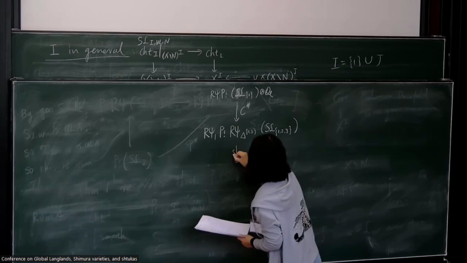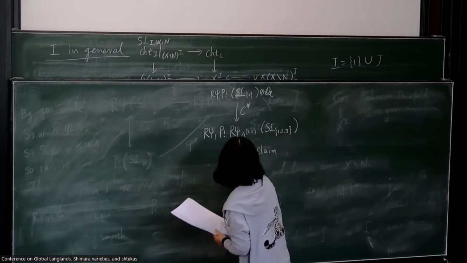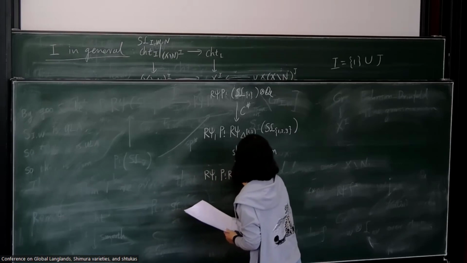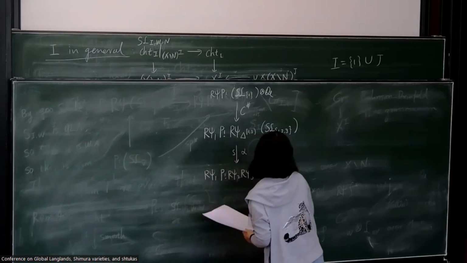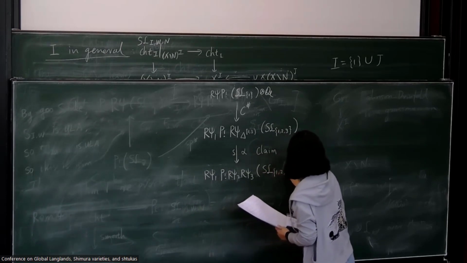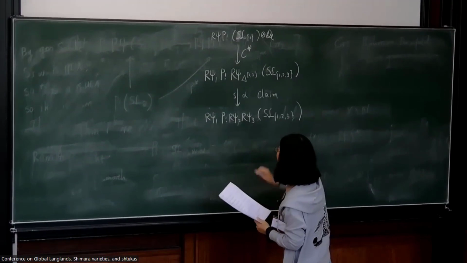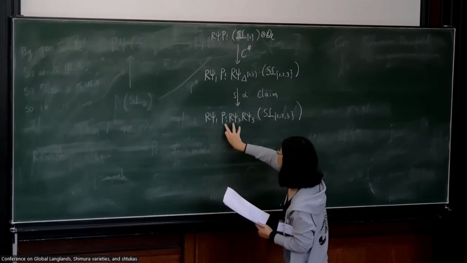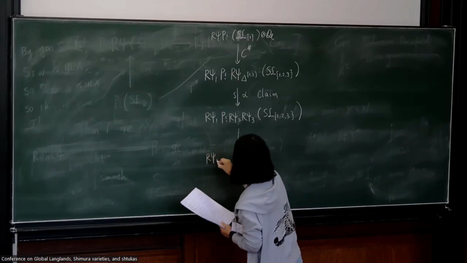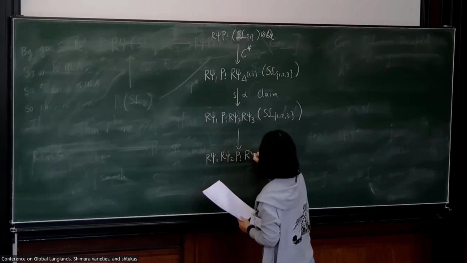Here, we use the claim to get this map from this to the iterated nearby cycles. And then we have a canonical map which sends a PXC to XCP. So this is the canonical map.